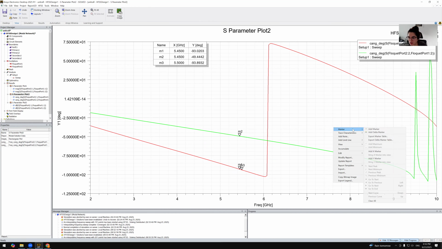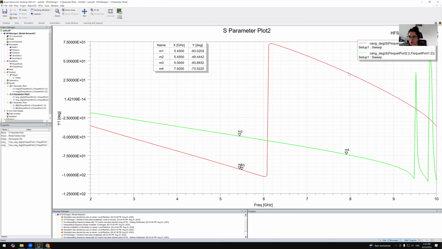It's not easy, guys. It's not easy to design. What are the degrees? Why is it like this? Okay, so M4, 7.96, M4, we have to go lower. One more. Okay, not bad.